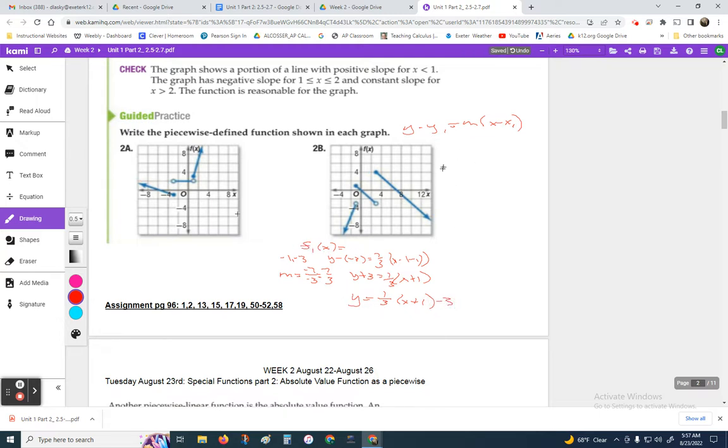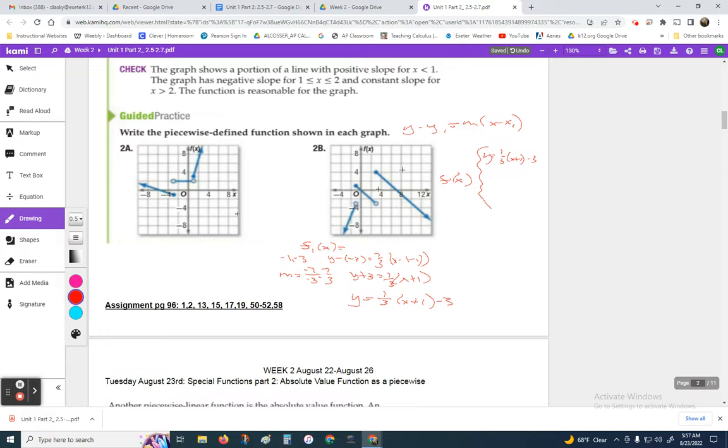So if I come up here, I say f of x is, the first equation is y equals 7/3 x plus 1 minus 3. If, and I don't have enough room, if what?